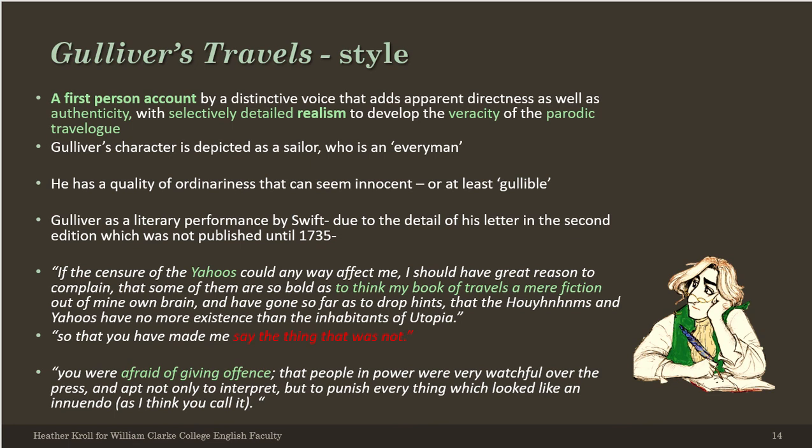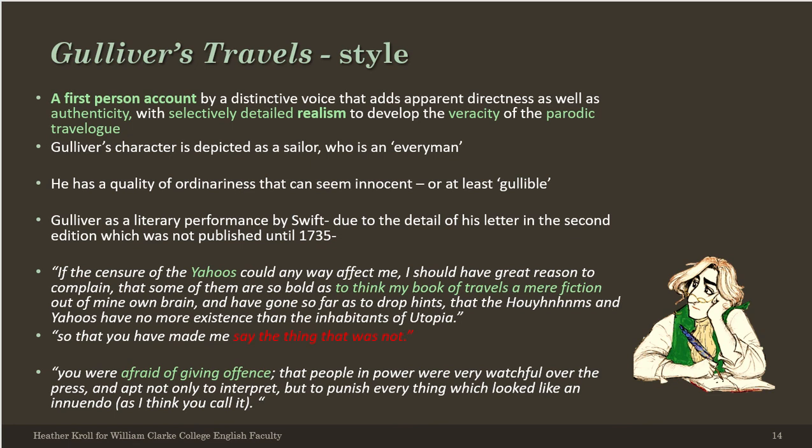out of my own brain, and have gone so far as to drop hints that the Houyhnhnms and the Yahoos have no more existence than the inhabitants of Utopia. That's interesting, because Thomas More's Utopia was published a few years before this, and of course the inhabitants of Utopia are also fictitious.